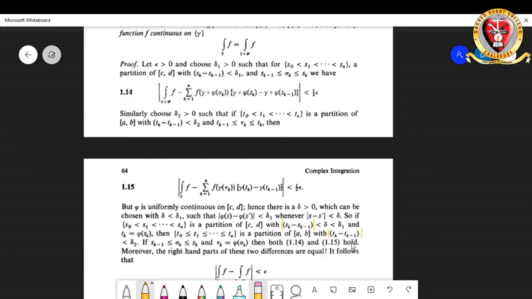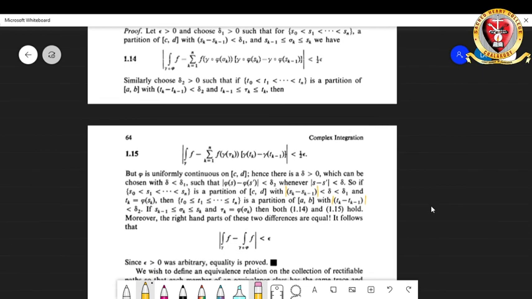And that will make us obtain the fact that modulus of integral over gamma f minus integral over gamma composition phi of f is strictly less than epsilon. And since epsilon is arbitrary, equality is proved.